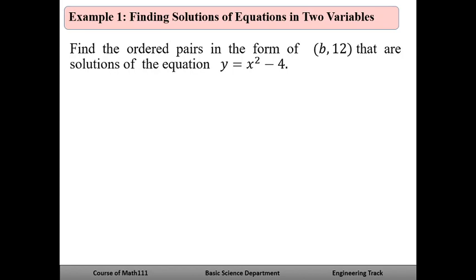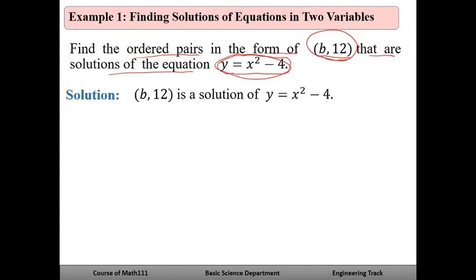So let's look at this example. Find the ordered pairs in the form of (b, 12) that are solutions of the equation y equal to x squared minus 4. If (b, 12) is a solution of this equation, then when you substitute b for x and 12 for y, it has to satisfy the equality.